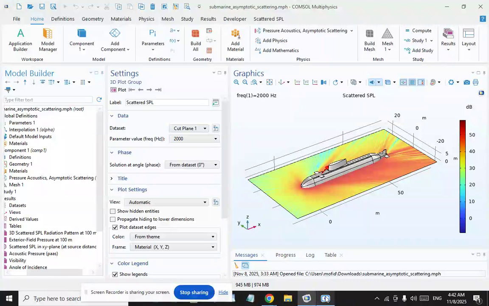The Helmholtz equation is given by Laplacian of phi plus k squared phi equals 0, where phi represents the wave field, k is the wave number, k equals 2 pi divided by lambda, where lambda is the wavelength, and the Laplacian is the Laplace operator.